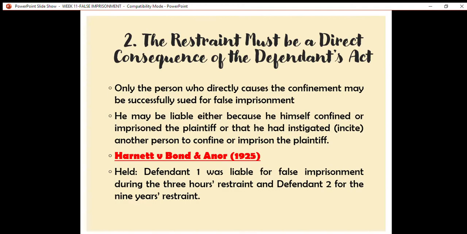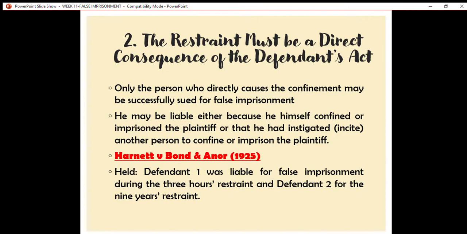And defendant 2 believed that the plaintiff was insane and did not let him out anymore for 9 years. So defendant 2 restrained the plaintiff for 9 years. And later, after 9 years, he was finally proven sane and released, as the jury was of the opinion that the plaintiff was sane 9 years previously at the time of committal to the institution.